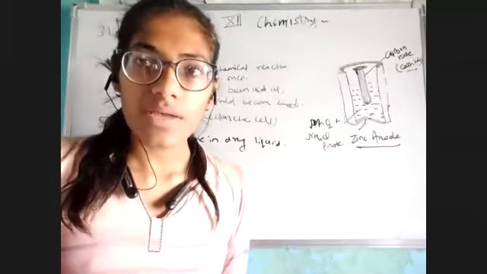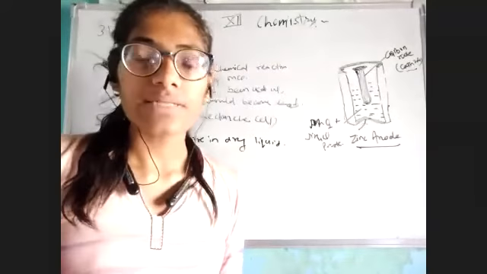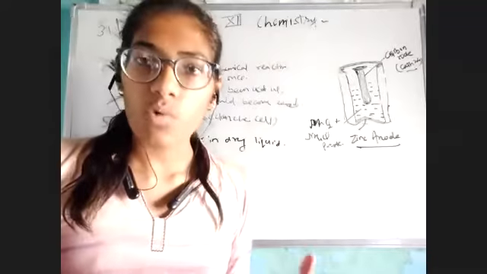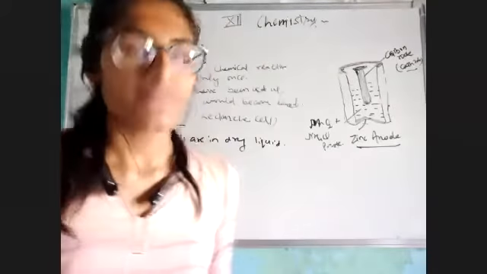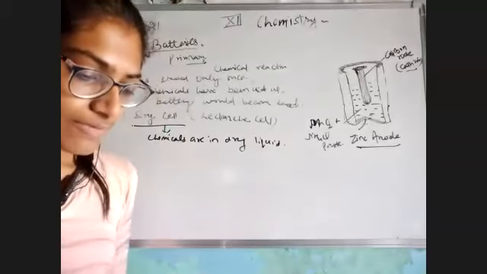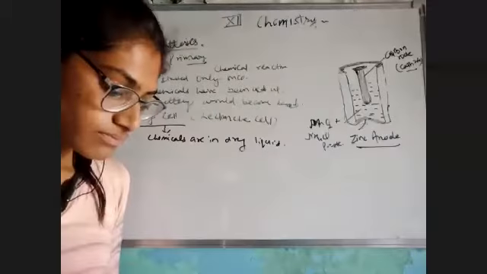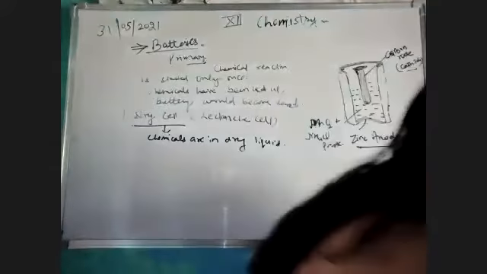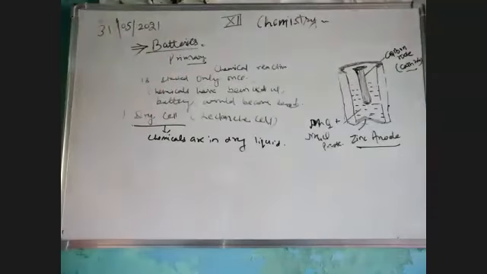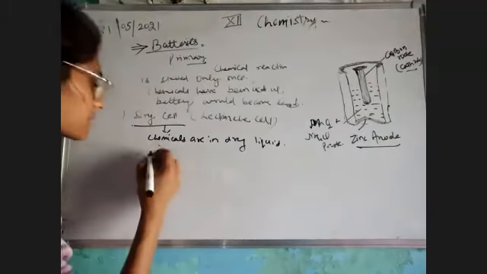Since it is a kind of electrochemical cell, oxidation and reduction reactions take place. Let's start with the first example. First of all, I have told you that at the anode the zinc is present.